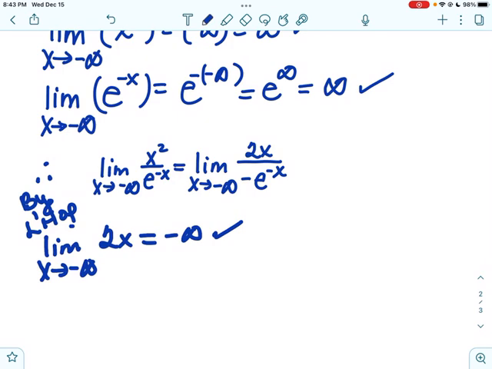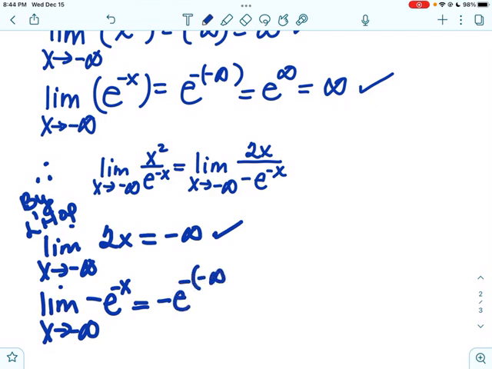So then I have the limit as x approaches negative infinity of negative e to the negative x. So that's equal to negative e to the negative of negative infinity. So in the numerator, remember you have 2 times negative infinity, which is still going to be negative infinity. Let me fix that up here.